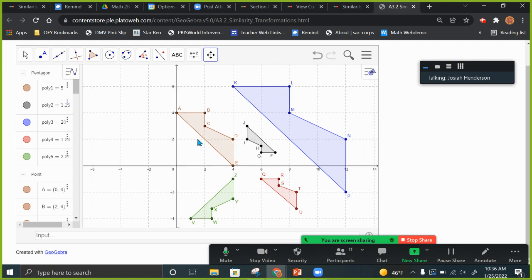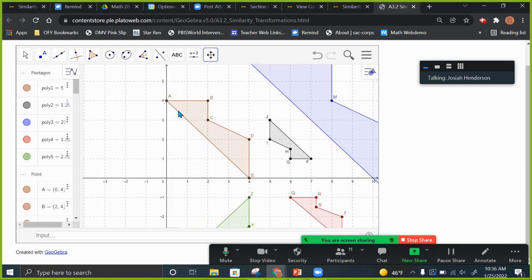So for me, I'm going to zoom it in. I think the smallest side, BC, right here, should match up with the smallest side on my little figure, GH or HG right here. That looks like a match. How do I know? It's the smallest side on both figures.